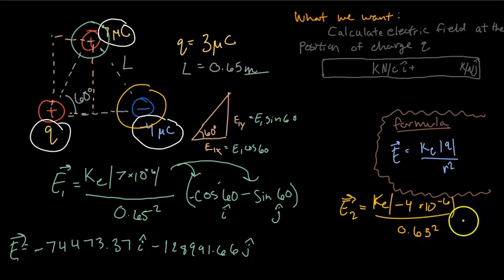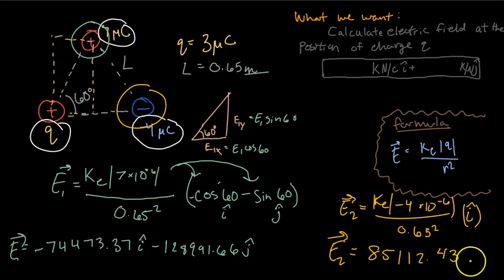And once we get that, this will be another i hat in itself, and we should get our E2 to equal 85,112.43 i hat.